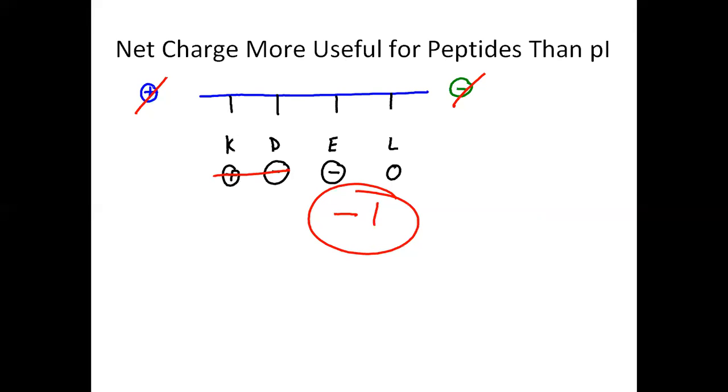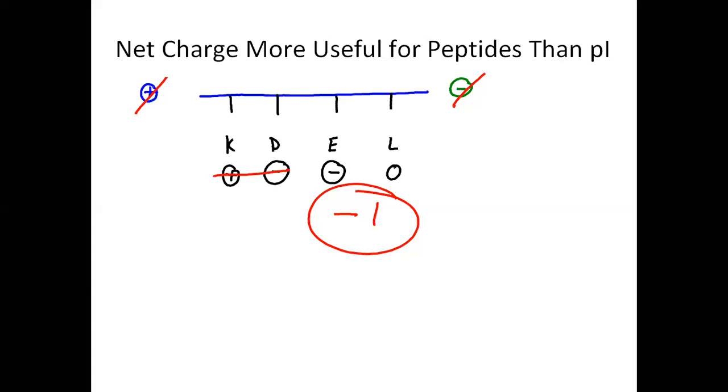Because at physiological pH, the amino group is positively charged and the carboxylic acid group, which we can call the amino terminus and carboxy terminus respectively, is negatively charged, I place a positive and a negative sign at each end of the line.